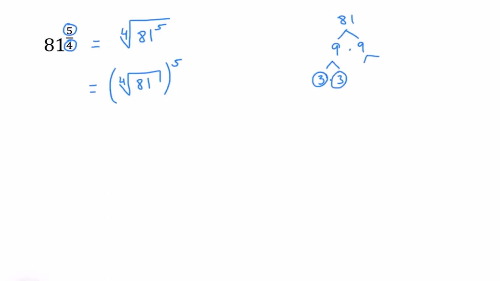The other 9, do the same thing: 3 times 3. So we have four number 3s multiplied by each other, and that will give us 81. So this is the fourth root of 3 times 3 times 3 times 3 raised to the 5th power.